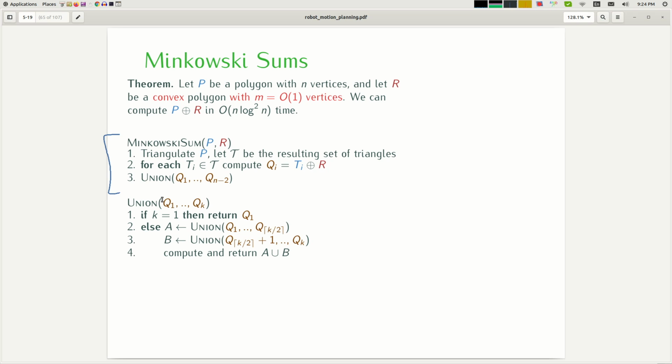The function is called with k parameters, where k is the number of things we want to union. If there is only one object to union, then there's nothing to do, so we can just return Q1.